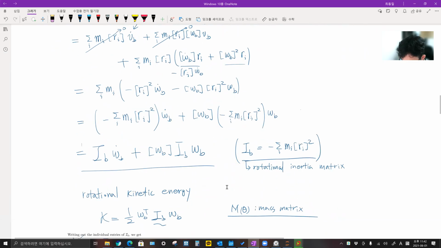And here, IB is equal to minus the sum of mass I and R symmetric square. So this one is called the rotational inertia matrix. And here is I, here is I. So I omega dot, I omega B dot, and omega B symmetric I B omega B. So the moment equation is also very simplified.